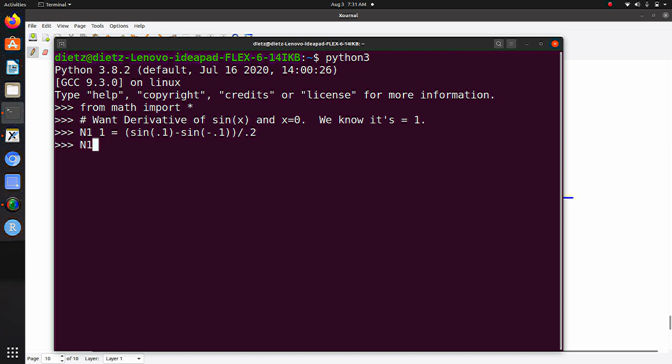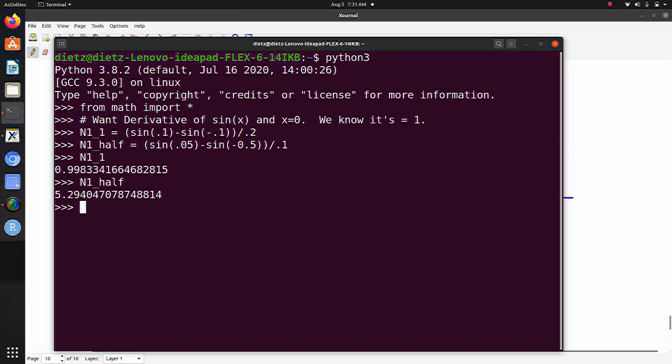Okay, n1 of a half is equal to sine of 0.05 minus sine of negative 0.05 divided by 0.1. So what does n1 of 1 look like? n1 half look like this. I clearly did this wrong. Oh, because I forgot a 0. That was ridiculous. That looks better. Okay, now let's try n1 of a quarter.